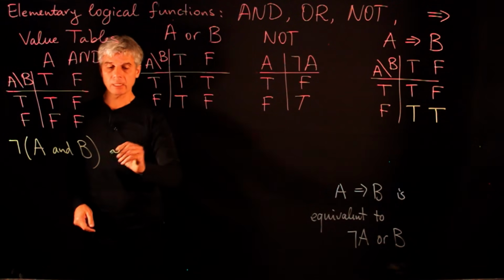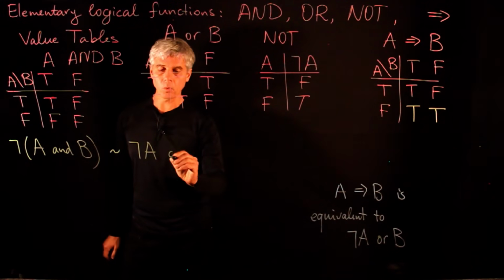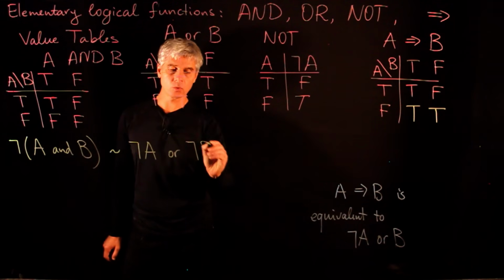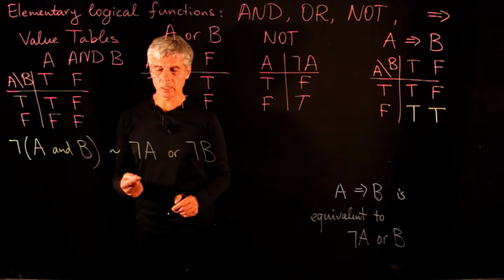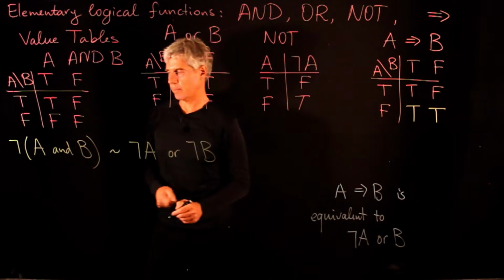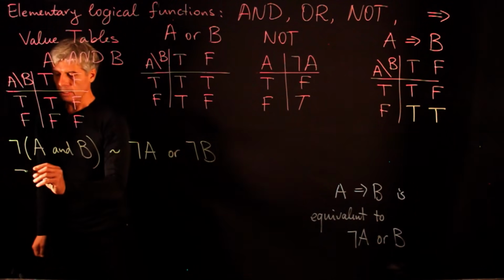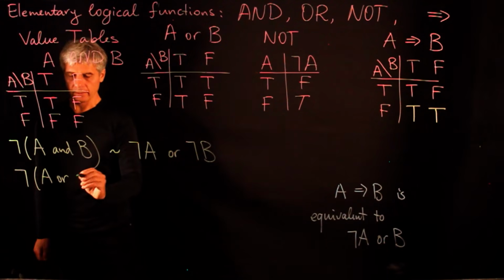So this is equivalent to saying that not A is true or not B is true. And so the negation of A and B is the negation of A or the negation of B. So likewise, the negation of A or B.